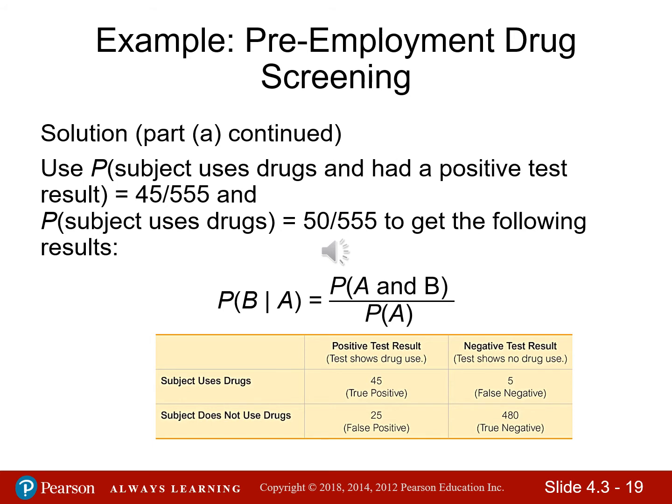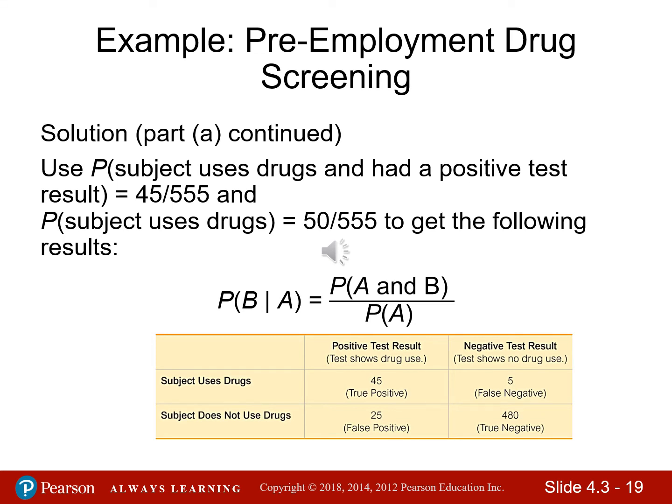That is 45 divided by 555. Next, we want to find the probability that subject uses drugs, and that is 50 divided by 555. We get the 50 by totaling the first row of subject uses drugs. So we add 45 for the true positive plus 5 for the false negative.